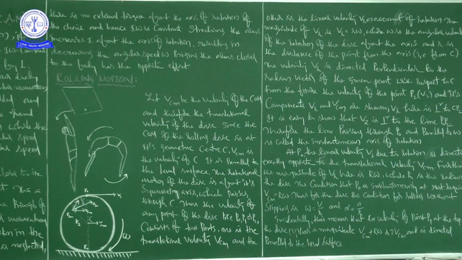It is easy to show that V2 is perpendicular to the line P2 and P0.